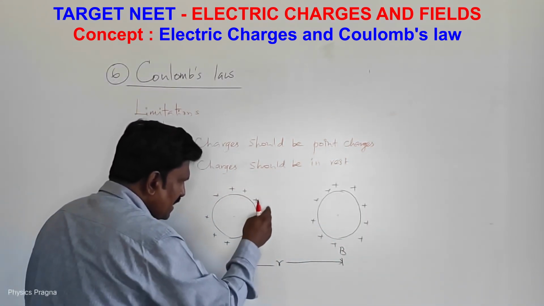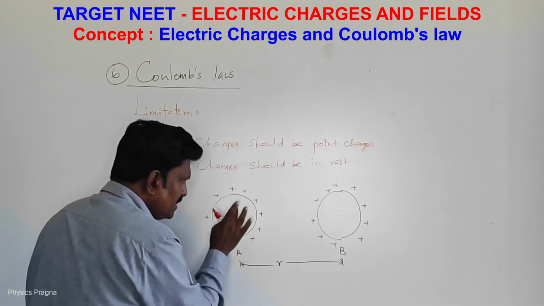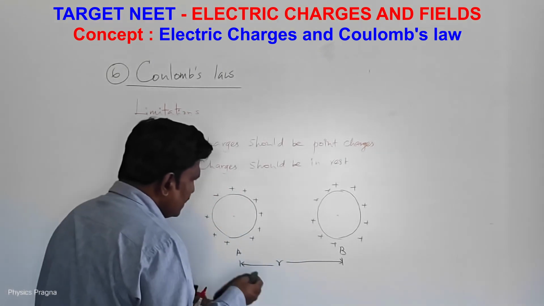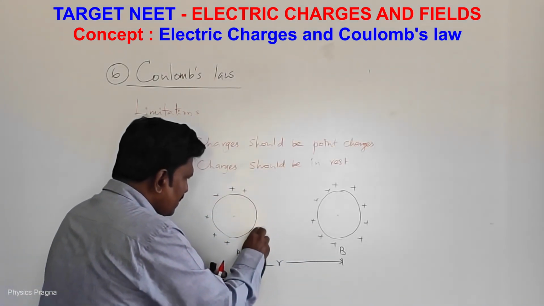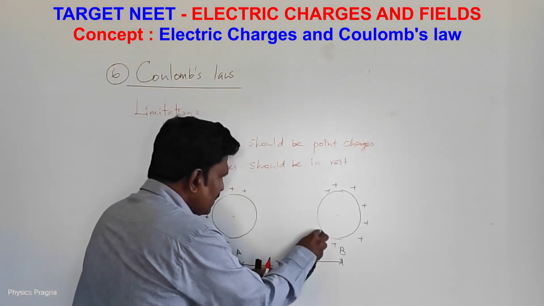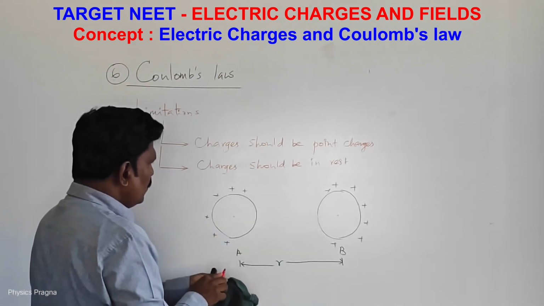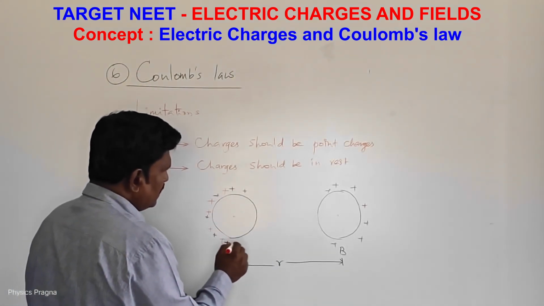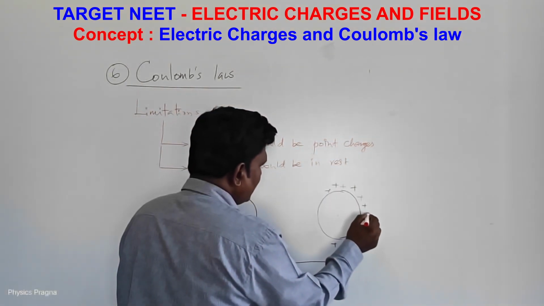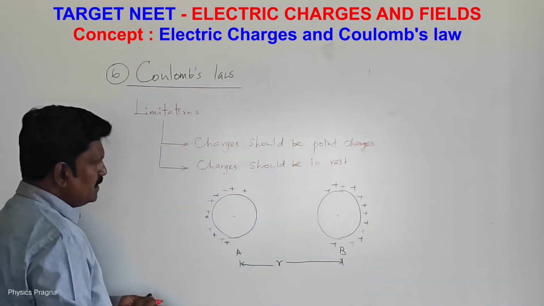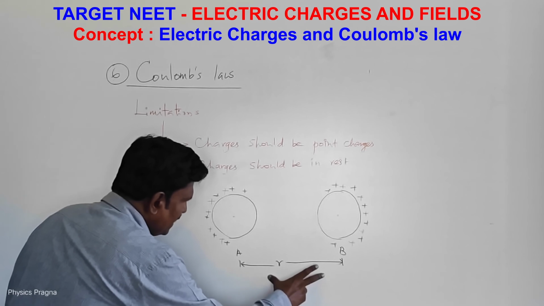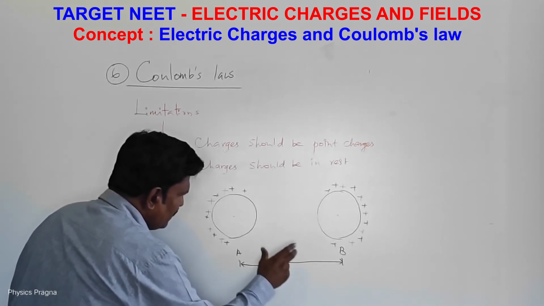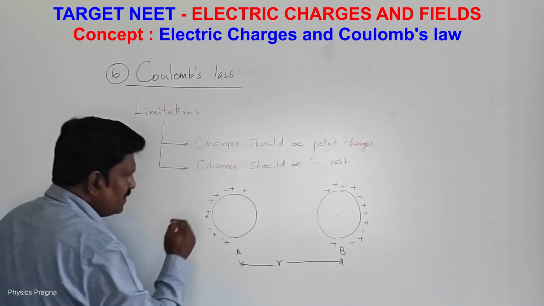These spheres are conductors. That's why these positive charges, because of repulsion, will go back. That's why the real distance is different. The resultant distance between the charges will vary.